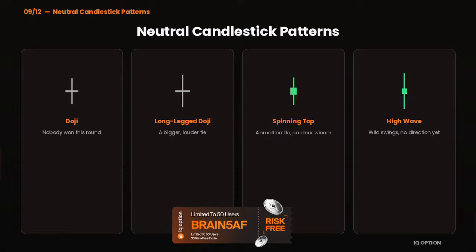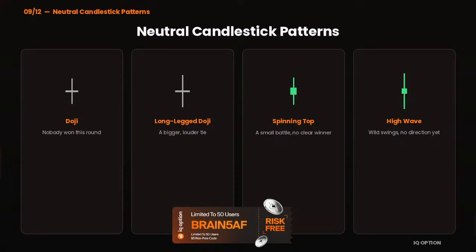And what it tells you is that the battle between the buyers and sellers was close and there's no clear winner. Again, you have to be patient, because patience is the right move here. So that is the spinning top.